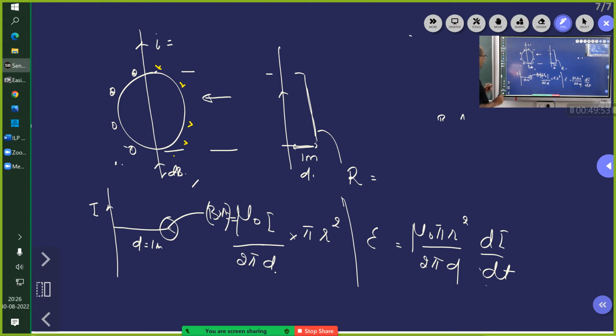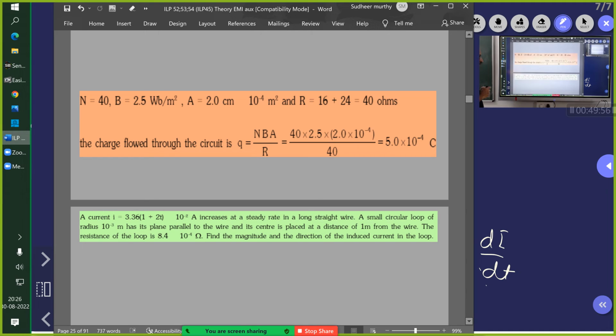So it's dI by dt. Then what else have they given in the data? Current I is given to you, so you can differentiate it and you will get dI by dt. Then they have given the resistance of the loop, and we need to find the magnitude and direction of the induced current.